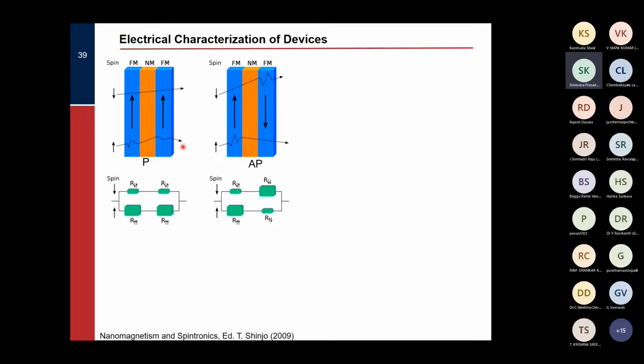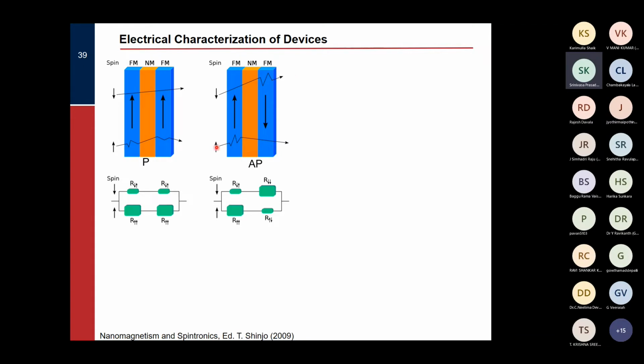However, if I look at the anti-parallel configuration, then here, let's say if it's a down electron, then it will face quite a lot of resistance here. But if somehow it survives, then it will face a slightly smooth path here.